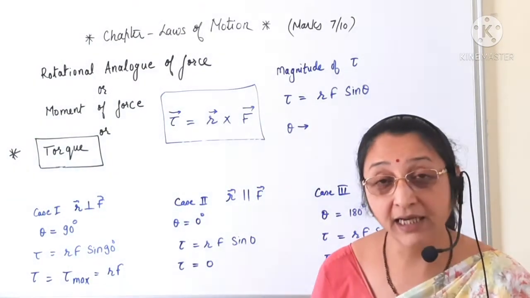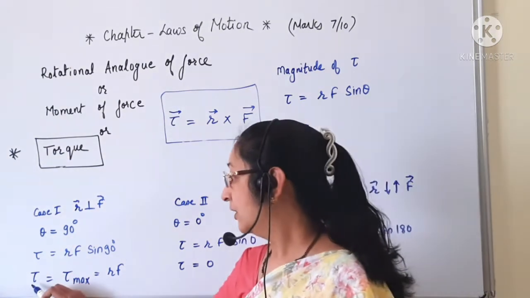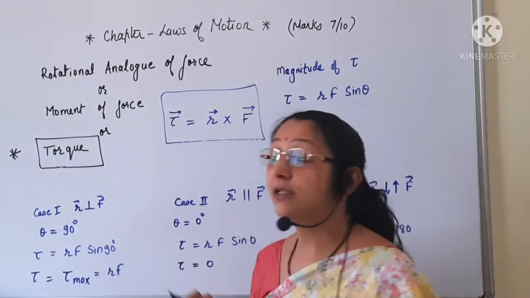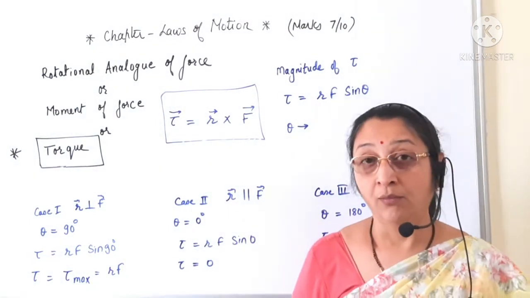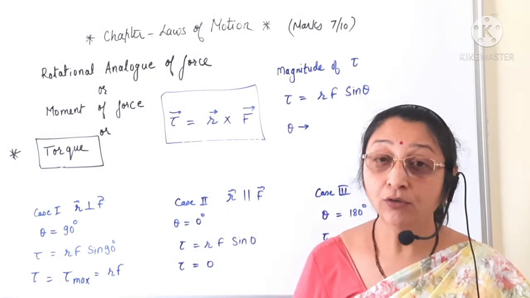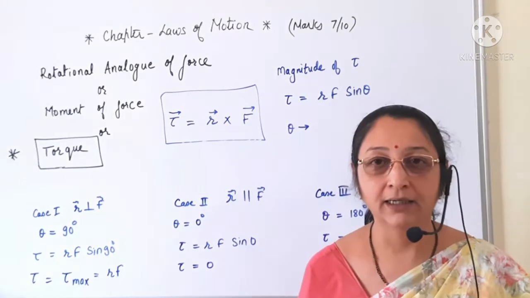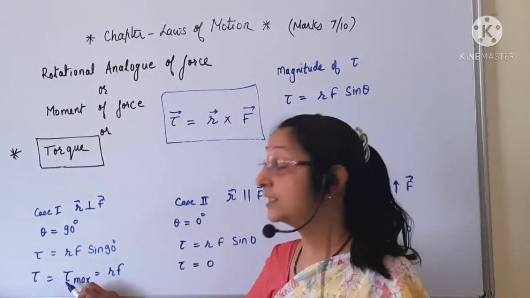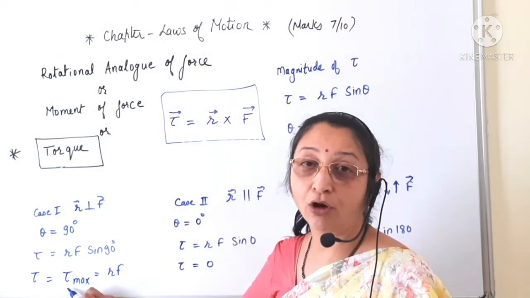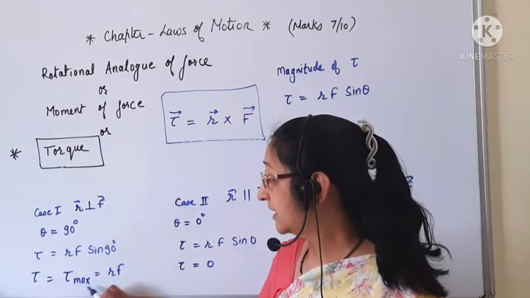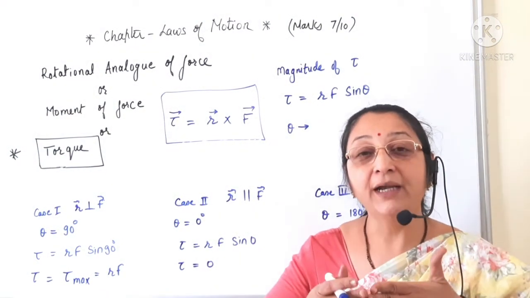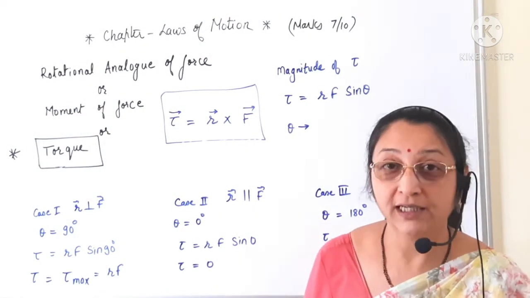But sine 90 is equal to 1, which is the maximum value of the sine of any angle. So this torque is the maximum torque, which is equal to RF. So when R and F are perpendicular to each other, the torque is maximum.